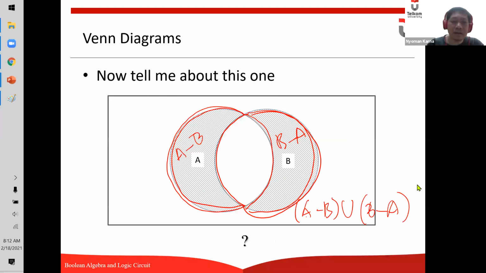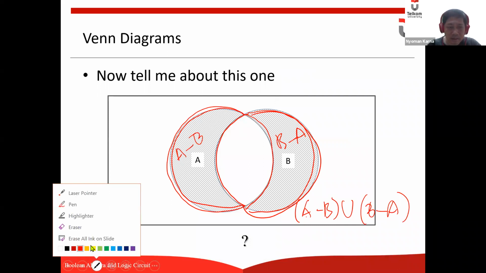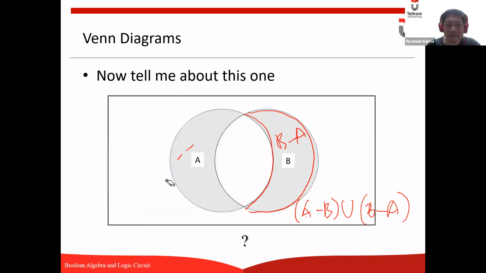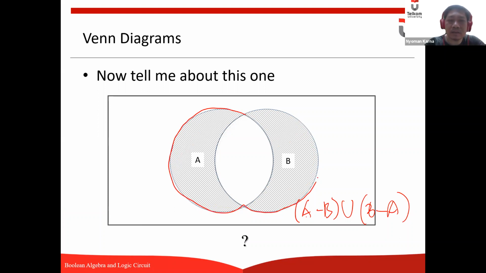Okay, let me erase this one first. Now remember that this part is A union B, right?